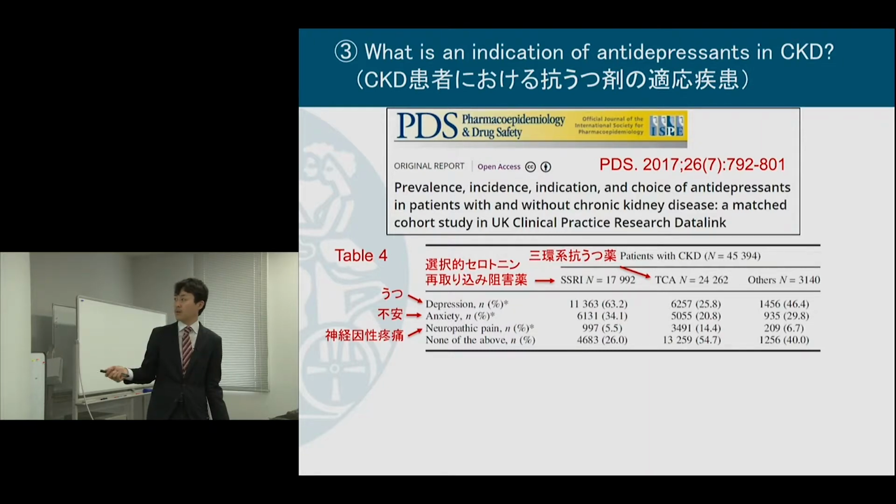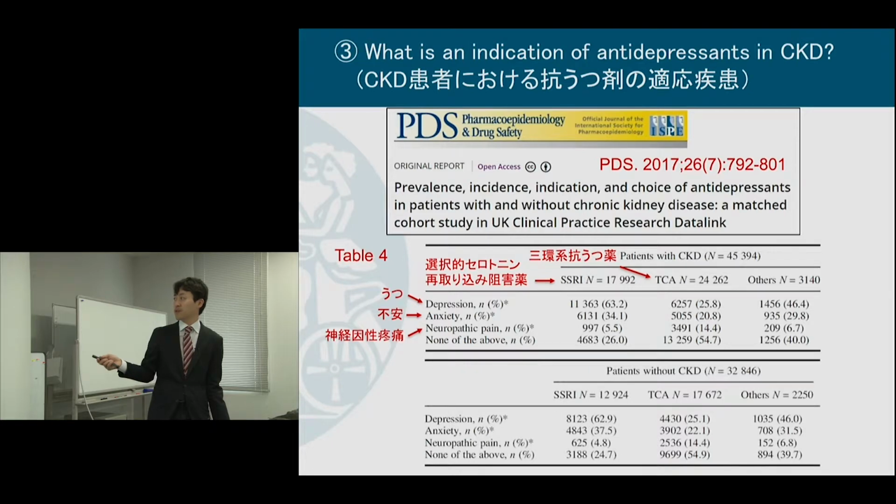Importantly, I compared this between patients with and without CKD, and this was not very different. This is against my expectation. In my clinical experience, I expected that antidepressants would be prescribed off-label, 適応外処方, in patients with CKD, but that was not the case in the UK, at least in real world practice.